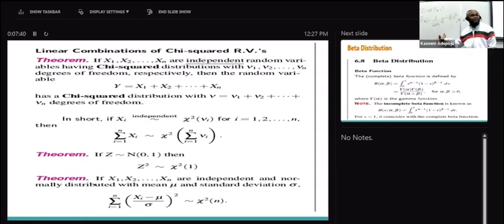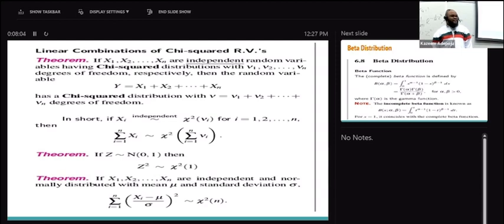This is a standard normal distribution. Do you know that if y is equal to z squared, if I square z, and z follows standard normal distribution, when I square z, that will give me a chi-square? That is another way to get chi-square.